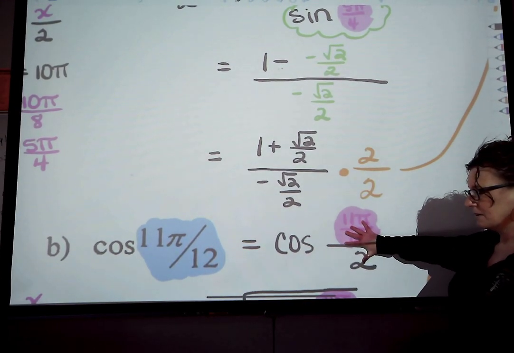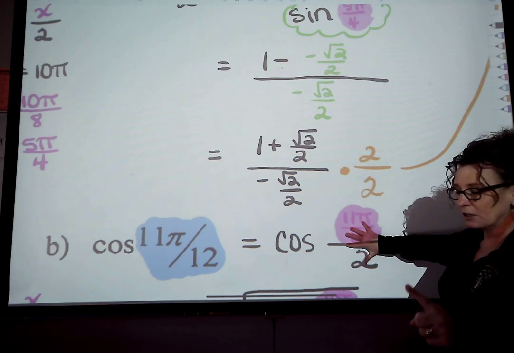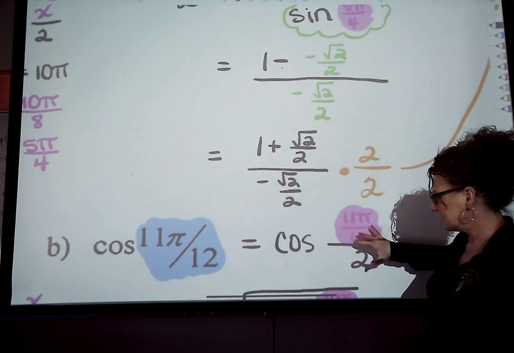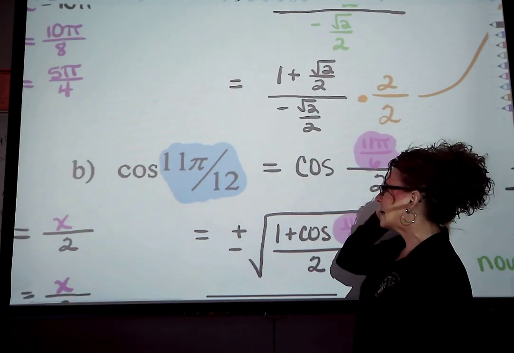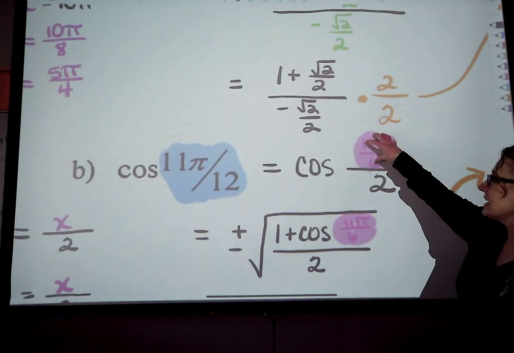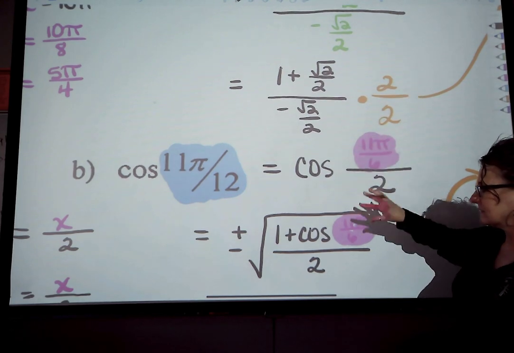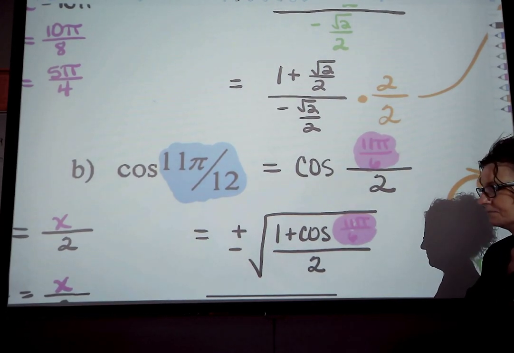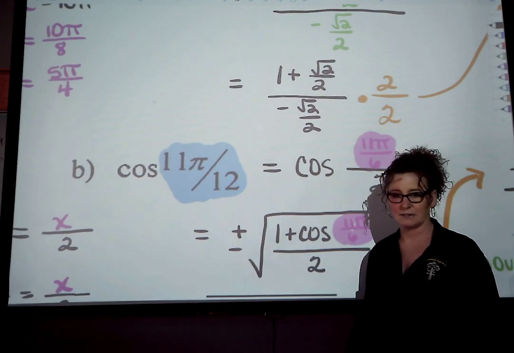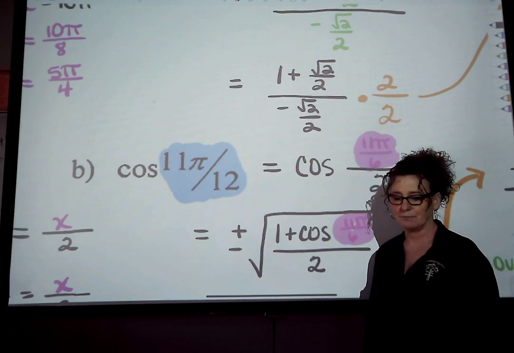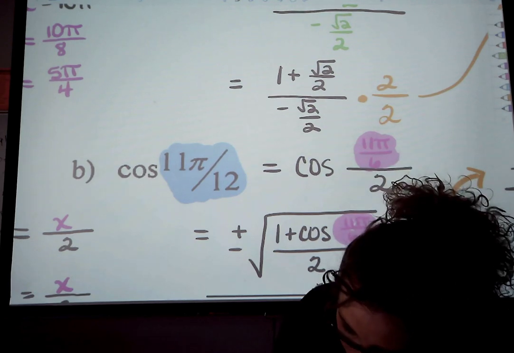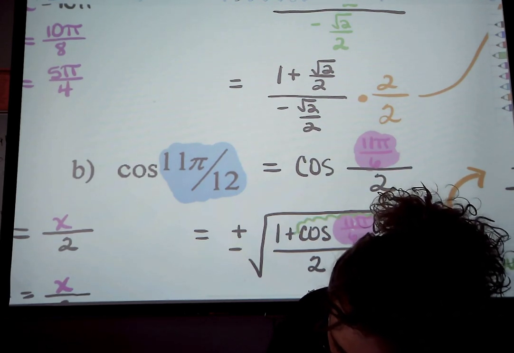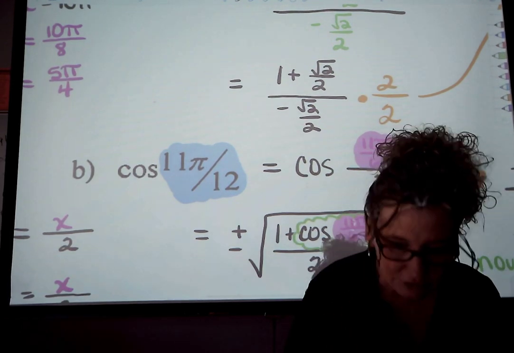Okay? So here's how the formula looks. It says cosine of this over 2 equals, and it says take this angle and sub it in here. Notice there's a plus or minus out there. We'll deal with that later. Right now, I'm going to work on finding the fraction for cosine of 11 pi over 6.